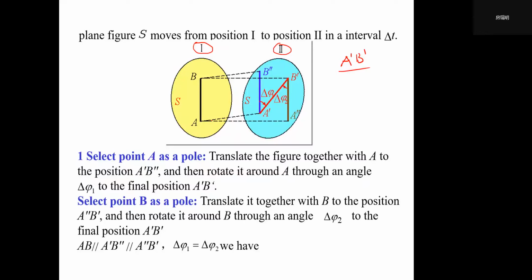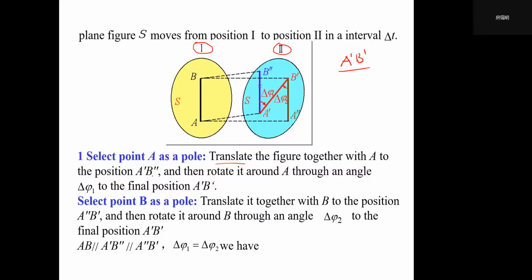You see, we just let this AB first translate with point A, keeping its original orientation, right? Because its original orientation is vertical, you can find A prime and B double prime also keep the original orientation, but its position is changed from A to A prime.